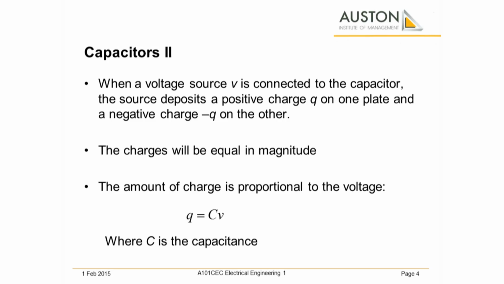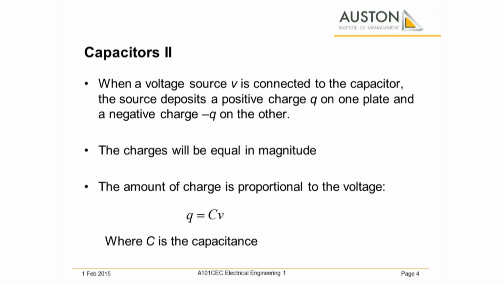How does a capacitor store energy? When a source is applied across the two plates, the positive side of the battery delivers positive charge to one plate, and the negative side of the battery delivers negative charge to the other plate. The charges on both plates should be equal in magnitude.